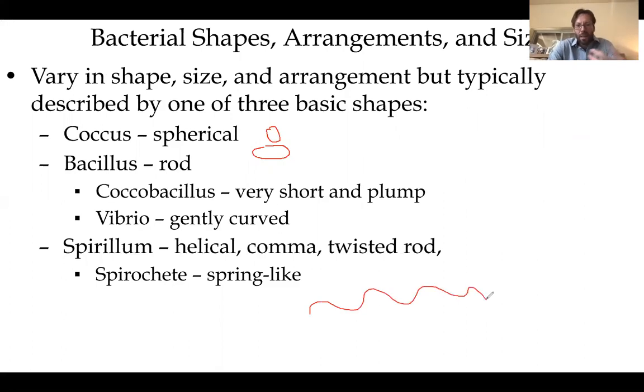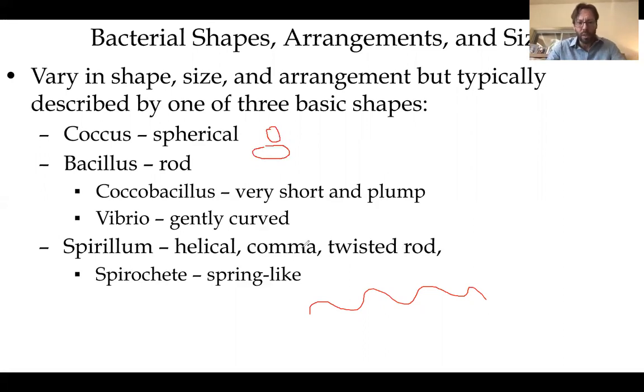And just to make it a little bit more confusing, with bacillus, you can have certain ones that are coccobacillus, so kind of in between cocci and bacilli. Okay, so not quite a sphere, not quite a rod. There's also vibrio, so think of cholera with vibrio. It's gently curved, so it's kind of like a kidney bean shaped rather than an actual rod shape. And spirillum is going to be this spiral shape, right?